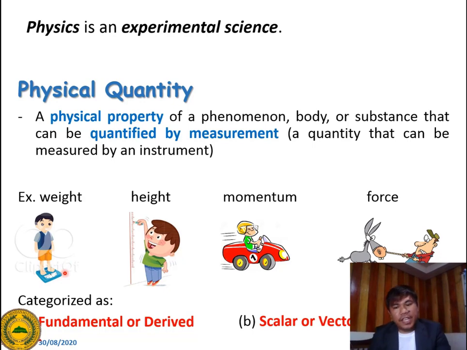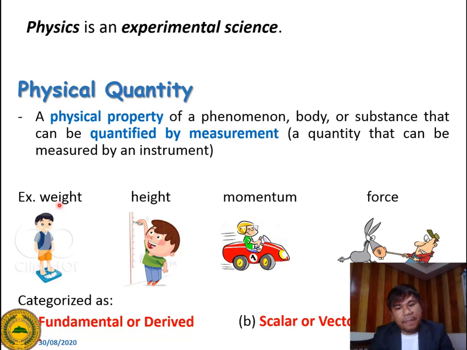And so the other type of quantity, the derived quantities, are quantities that can be defined by combining these fundamental quantities. For example, in the case of weight, later on we will learn that weight is nothing but the product of mass, which is a fundamental quantity, and acceleration due to gravity.